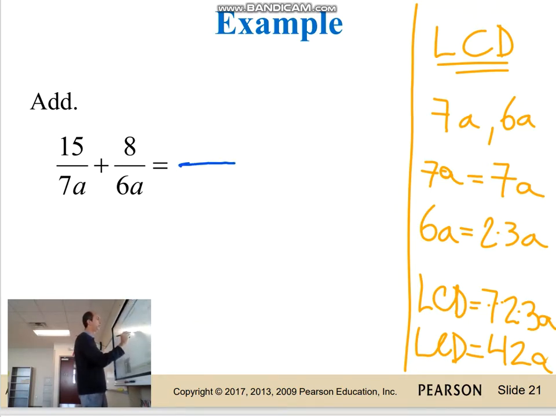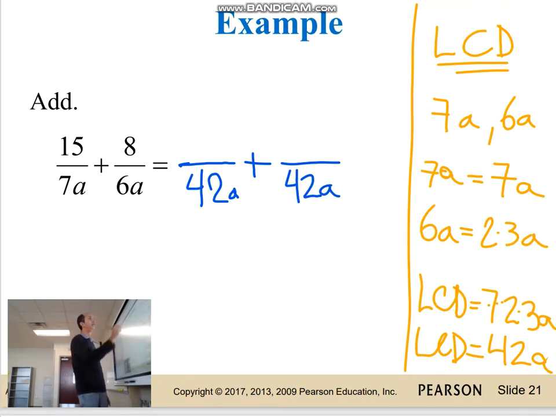We have to write down now each rational expression with this new denominator, 42a. Okay, so let's find the equivalent rational expression with the new denominator.